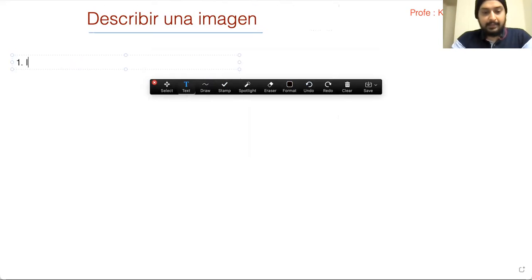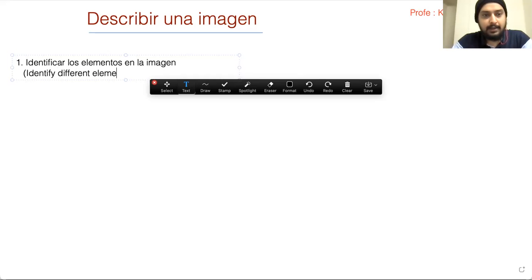Okay, so the first part that I suggest to my students is this: Identificar los elementos en la imagen. It means identify the different elements, subjects or objects, that you can see in the image.